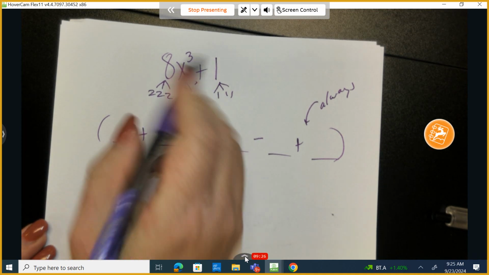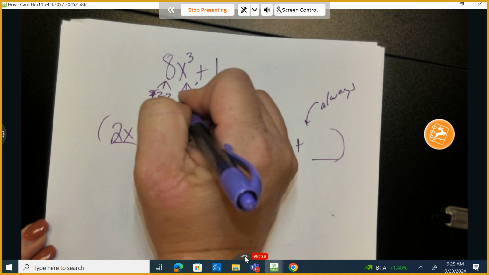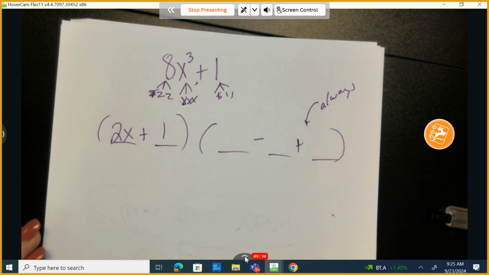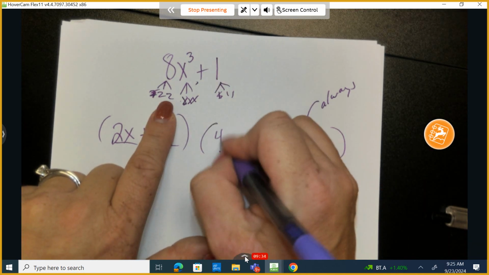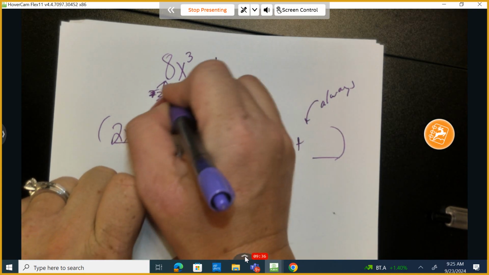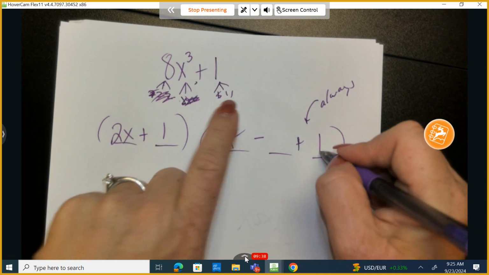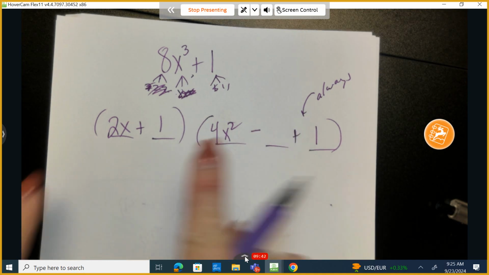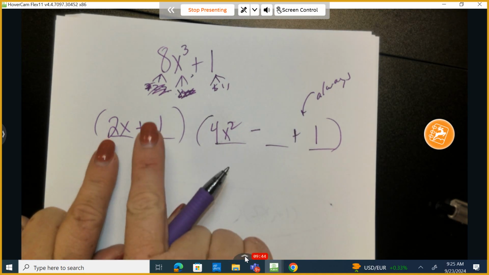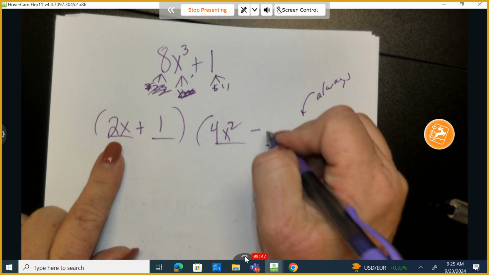I'm grabbing 1, 2, and 1x, they're going to go in front, and 1, 1 goes in back. In the front of the second parenthesis, 2 times 2 is 4, x times x is x squared. I'm done with all the front pieces. 1 times 1 in back, you're multiplying, not adding them. And then this missing term, we already know it's going to be subtraction, is we're going to multiply these two. 1 times 2x is 2x.